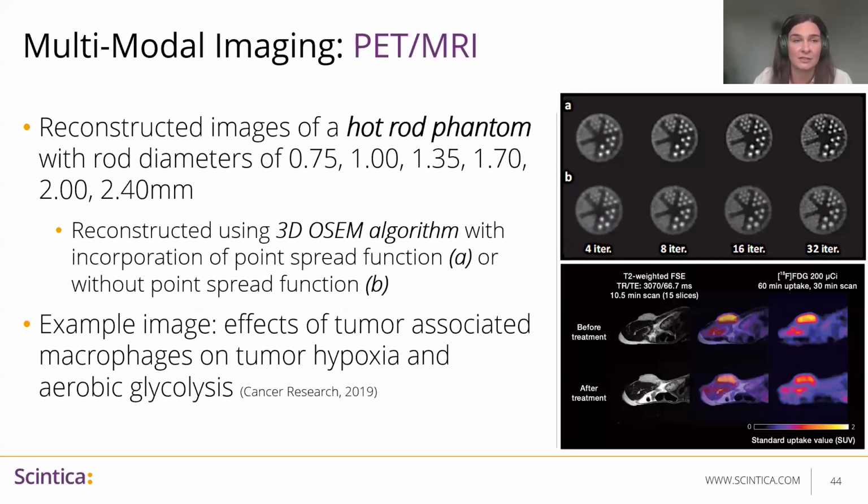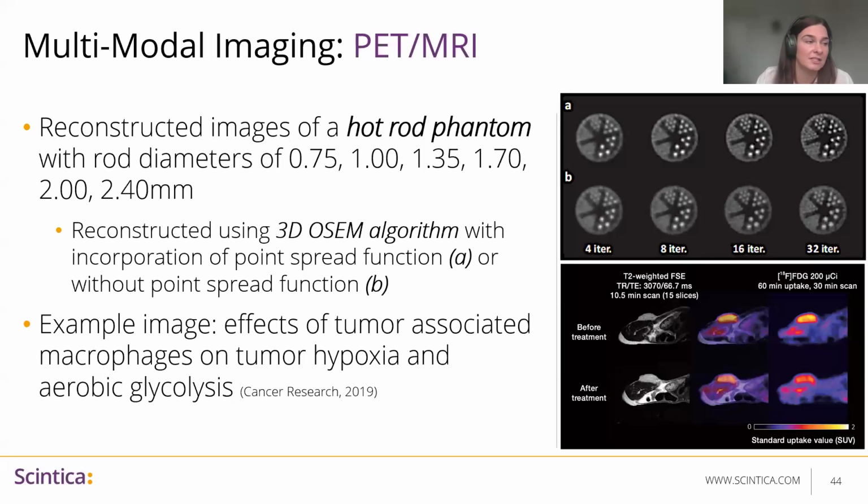So in this particular example, we're looking at hot rod phantoms. So this just shows that we can delineate down to 0.75 millimeters using our OSEM algorithm with the PET insert. And then this is a quick example of tumor hypoxia.